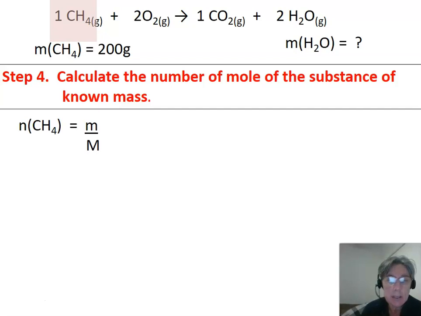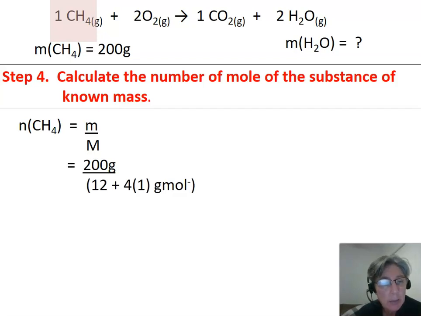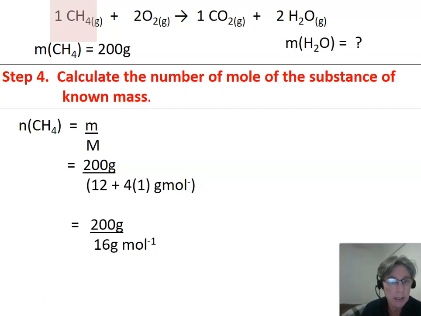So we know that's the equation, mass divided by molar mass. 200 grams, that's what we're given. The molar mass of carbon is 12 and hydrogen's 1. We've got 4 hydrogens, so altogether the molar mass is 16 grams you need for a mole of methane. So we've got 12.5 moles of methane.